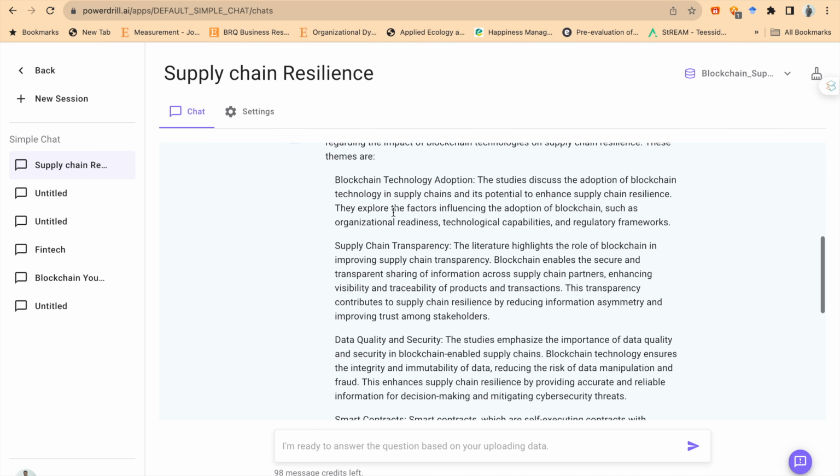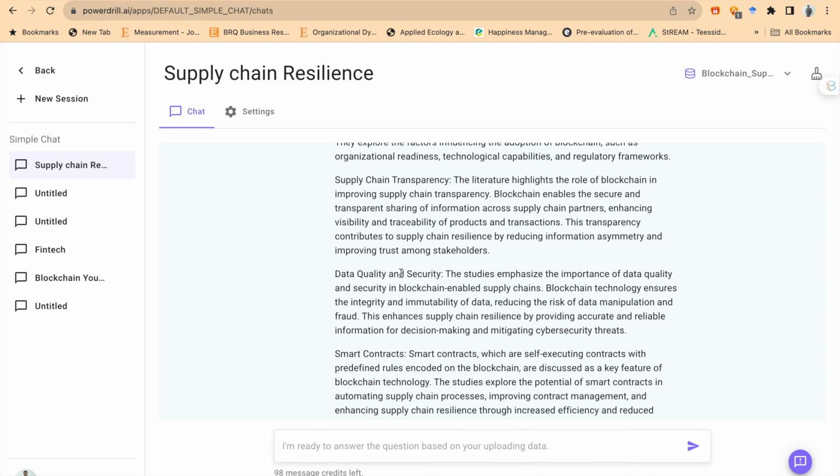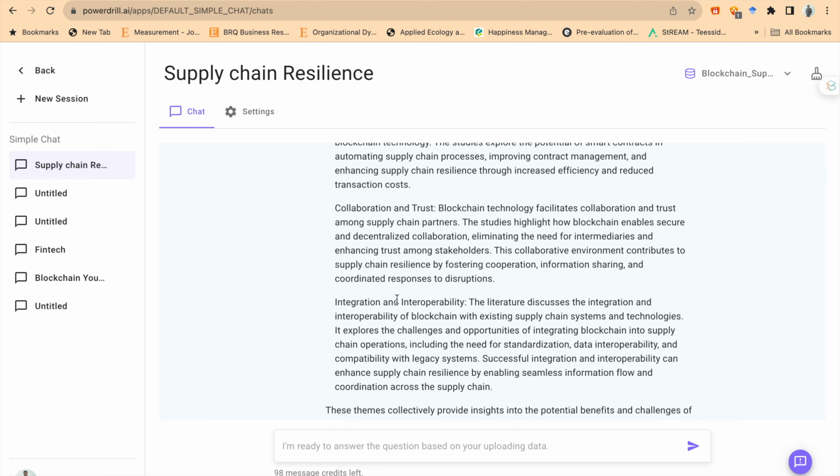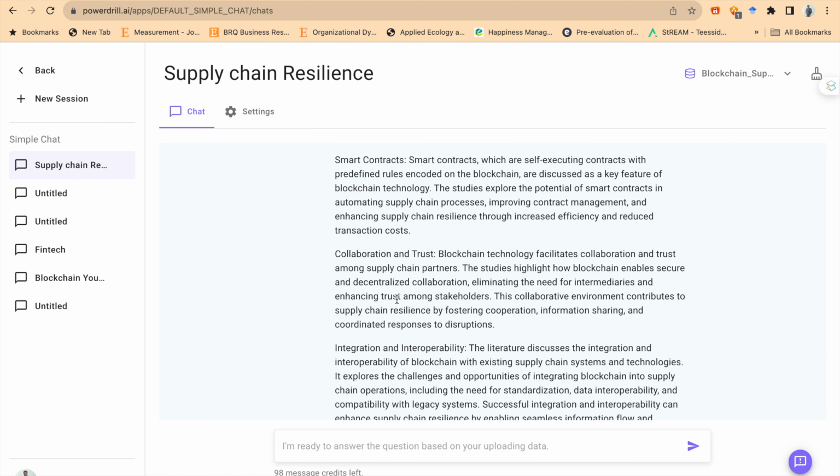So 1, 2, 3, 4, 5, 6. Remember, my 68 research articles are now divided into 6 themes, and this is how we can use Powerdrill in a very simple and efficient way to derive your themes within the literature. Okay, so that's step 1.